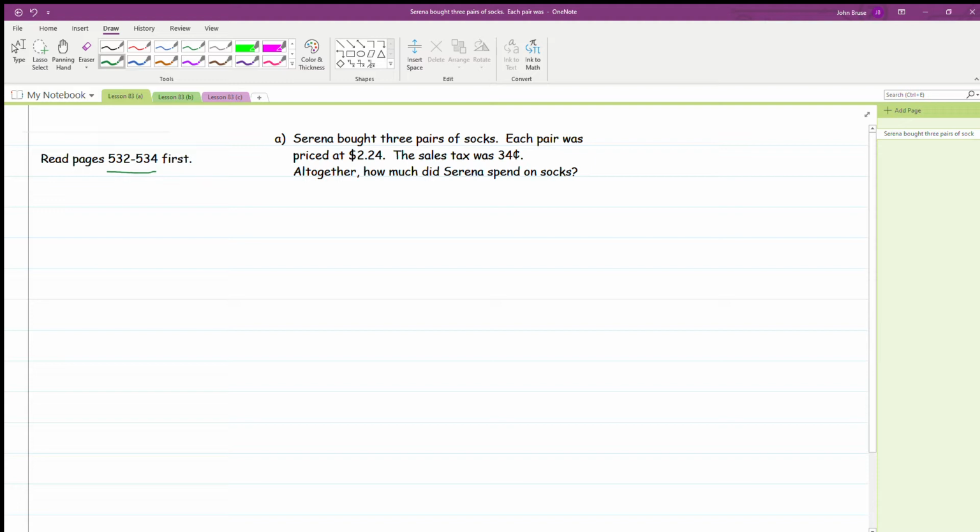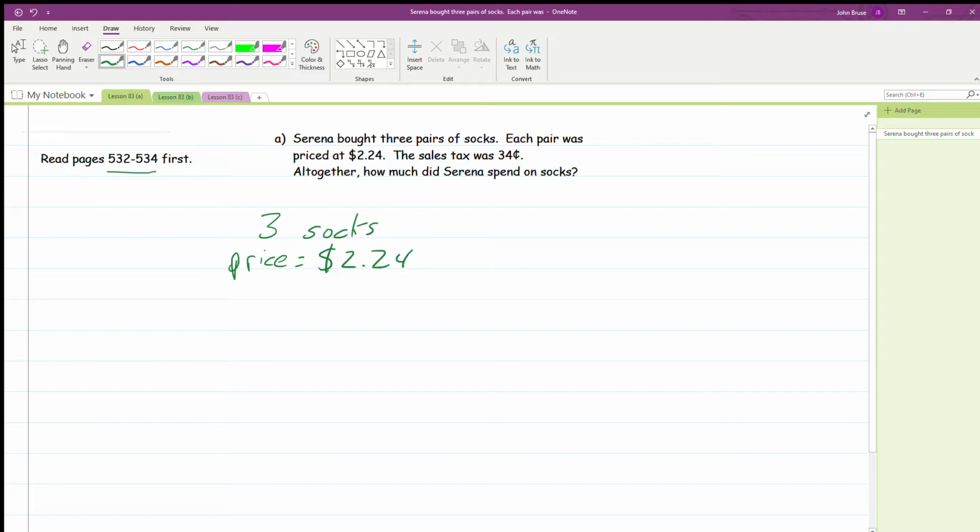This lesson's about sales tax today, and problem A is on page 535. Problem A says Serena bought 3 pairs of socks. So I'm going to write 3 socks. Let's keep track. Each pair was priced at $2.24. So price equals $2.24.